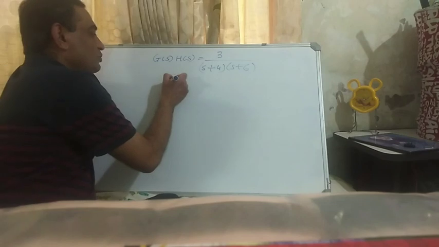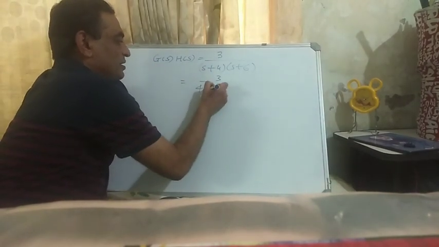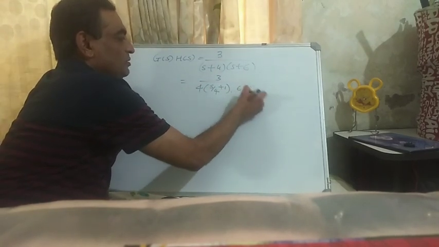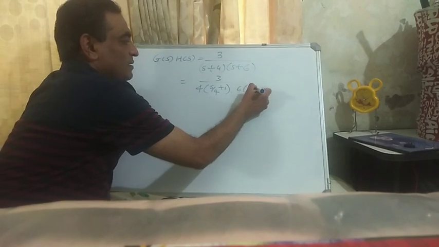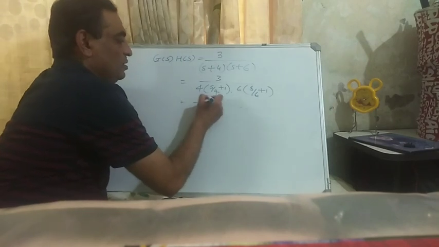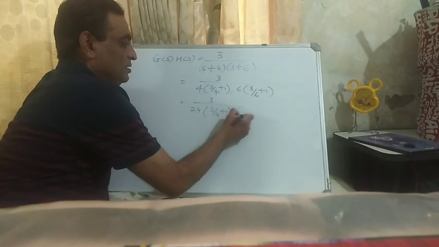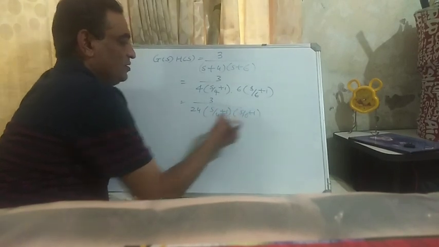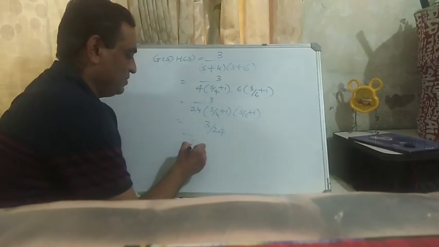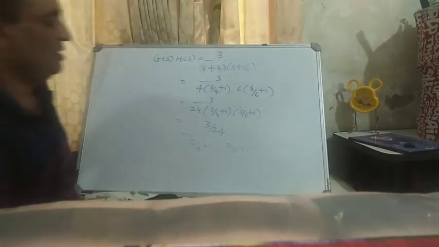So what can I do? 3 upon, I will take 4 common to get s by 4 plus 1, and I will take 6 common to get s by 6 plus 1. So this is nothing but 3 upon 24 times s by 4 plus 1 times s by 6 plus 1. This is nothing but 3 by 24 divided by s by 4 plus 1 times s by 6 plus 1.